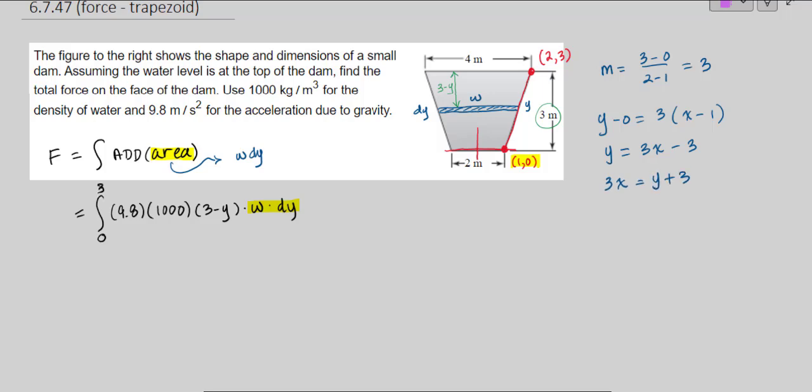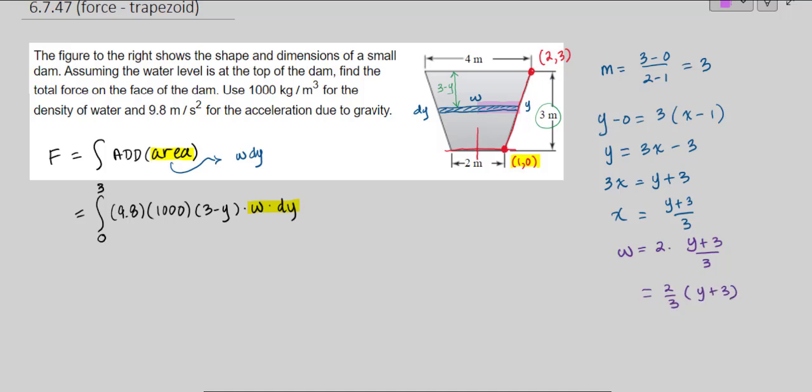We are trying to measure the horizontal distance right here. So we want to isolate x so that we are measuring horizontally. So there is x. Now that is not w, right? W is 2 times this x value. So in other words, w is 2/3 times y plus 3.